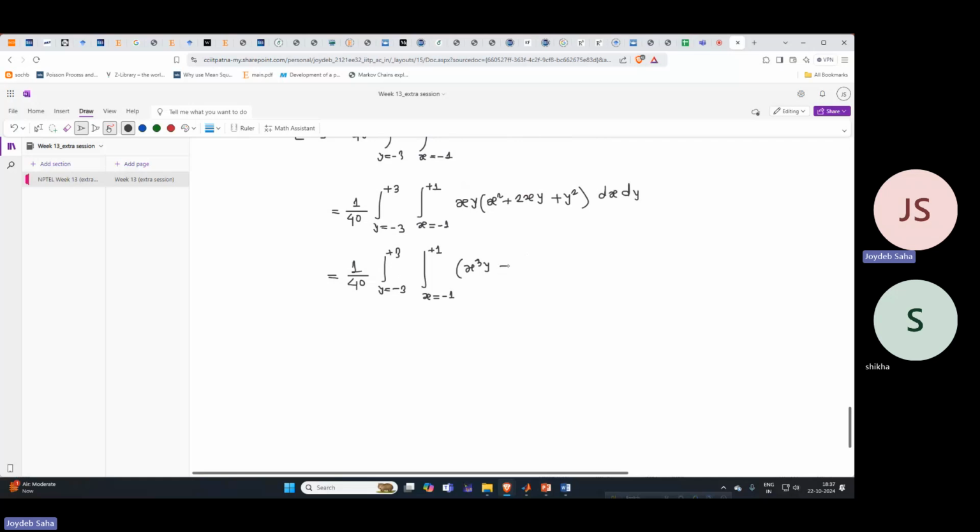X cube y plus 2 x square y square plus x y cube dx dy.